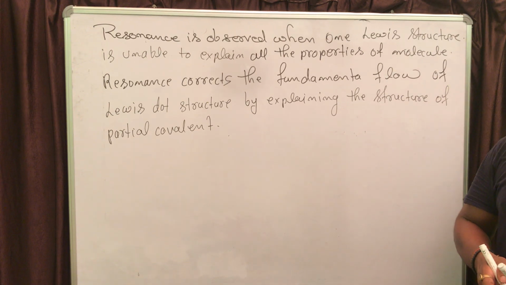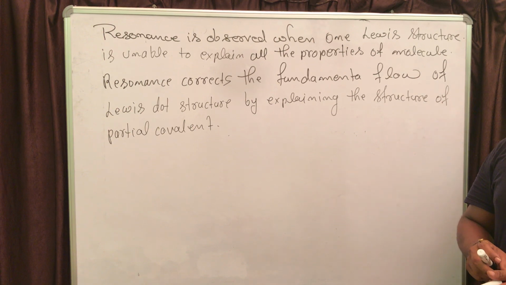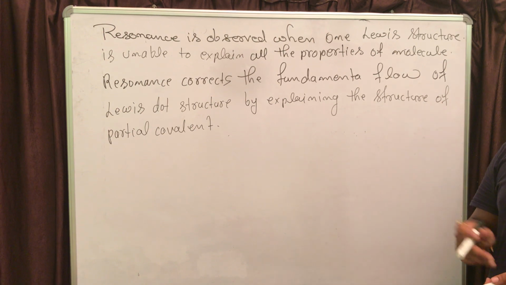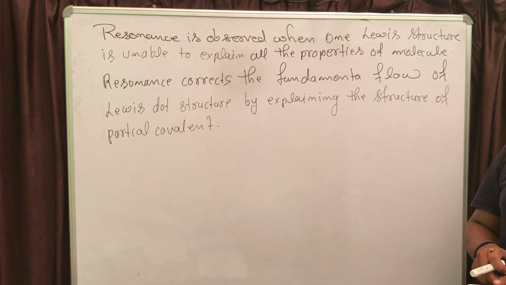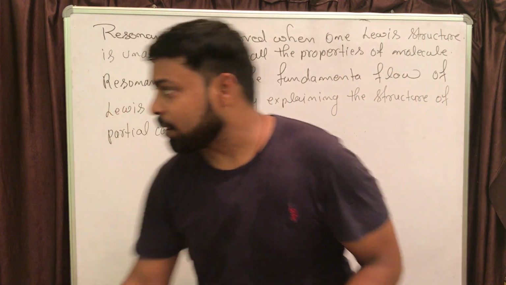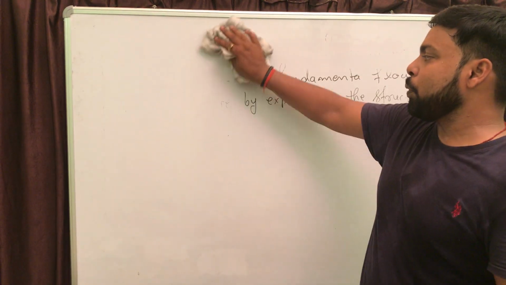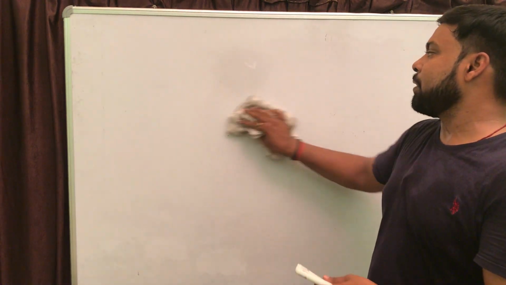Resonance is observed when one Lewis structure is unable to explain all the properties of a molecule. That I was making the point. Resonance corrects the fundamental flaw of the Lewis dot structure by explaining the structure of partial covalent bond.